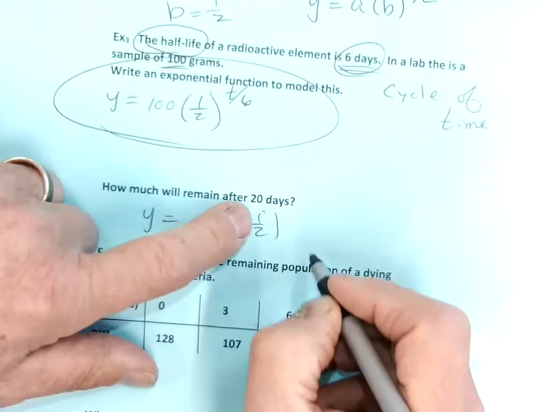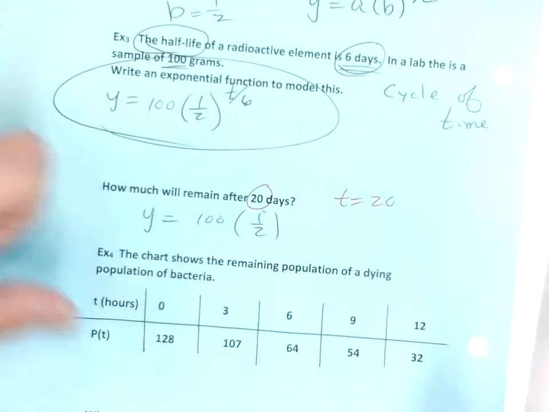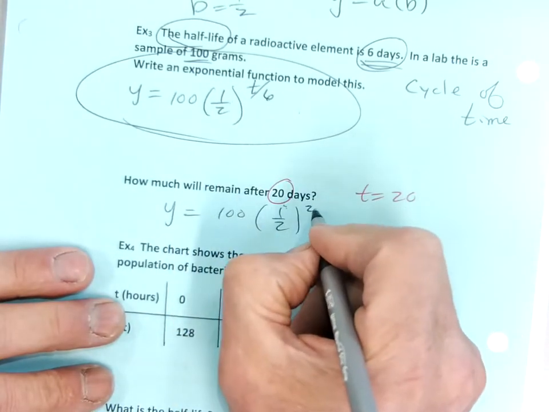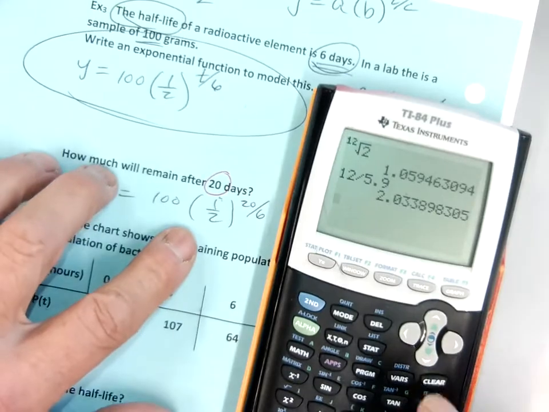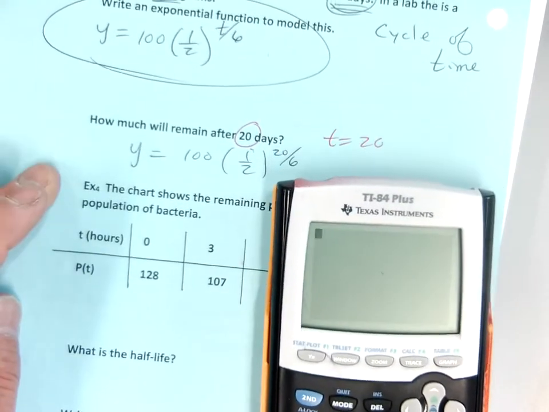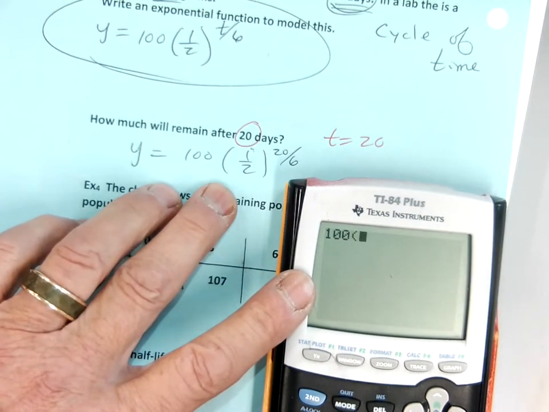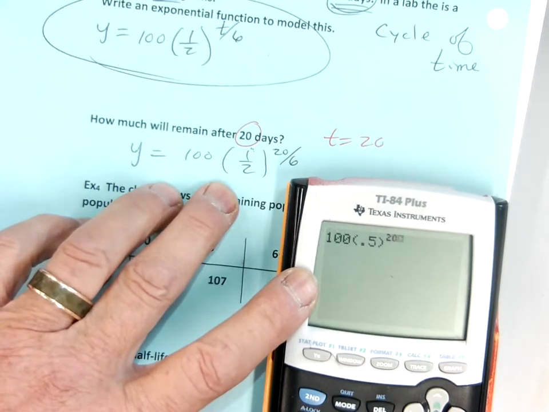That's t, time. T is going to be 20 days. I'm just going to use my calculator. I like my fancy calculators. I know that they're expensive and nobody likes these things, but I do. So 0.5 to the power of 20 divided by 6.